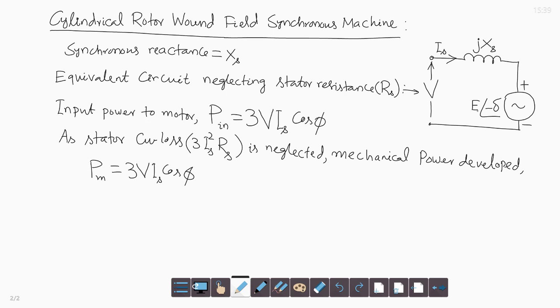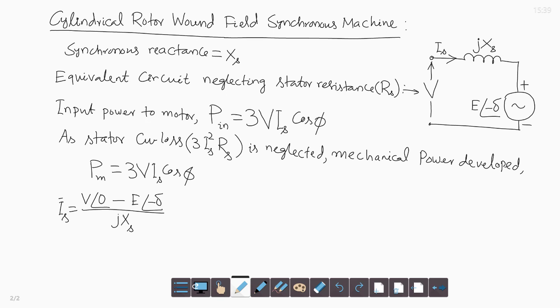So, what is the stator current per phase? Let us determine it. IS phasor per phase is equal to the voltage V, which is taken as the reference, minus the induced EMF, which is at angle minus delta with respect to V, divided by the reactance jXS, because the stator resistance is neglected.